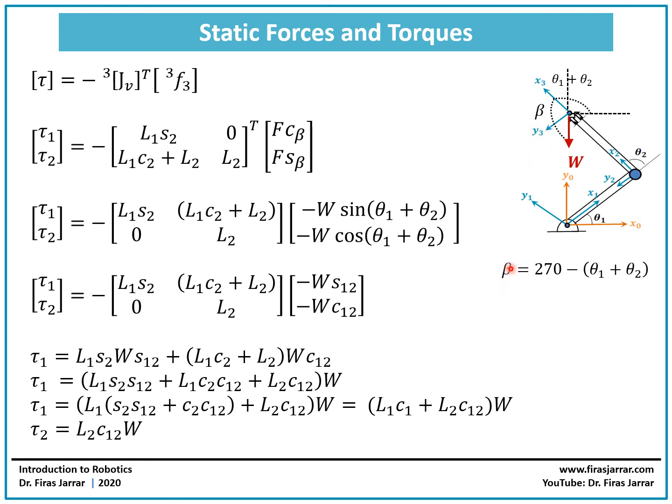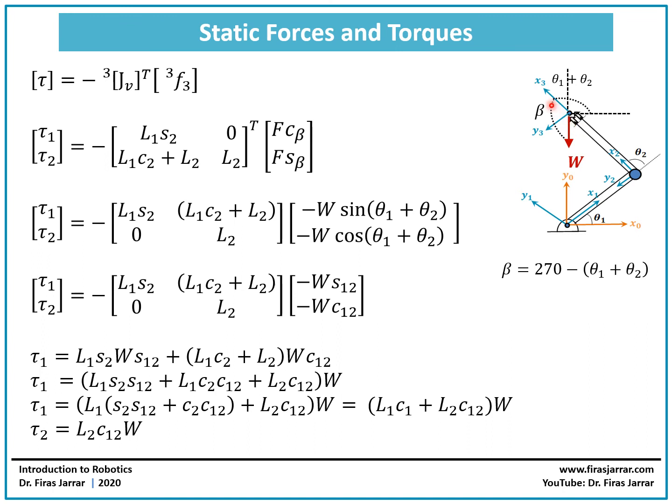However, beta from a geometrical relationship will turn out to be 270 minus the summation of theta 1 and theta 2. It's easier for you to understand if you look at this small angle here. This small angle here will be theta 1 plus theta 2 minus 90, which gives me this one, which is the same as this angle.